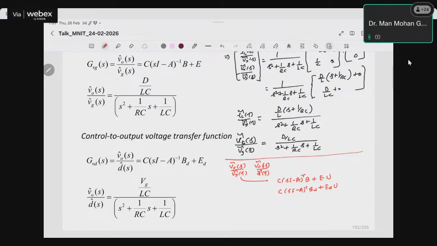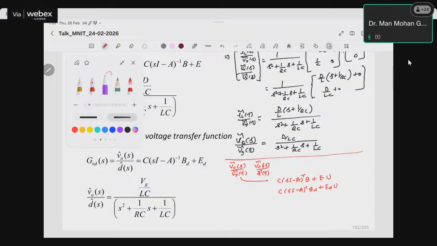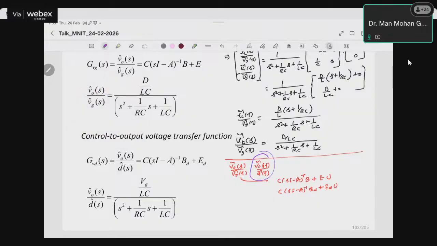Let me find this very quickly, since the next lecture is also there. So for this transfer function, 0 into 1 into SI minus A inverse, so 1 upon S square plus S upon RC plus 1 upon LC.